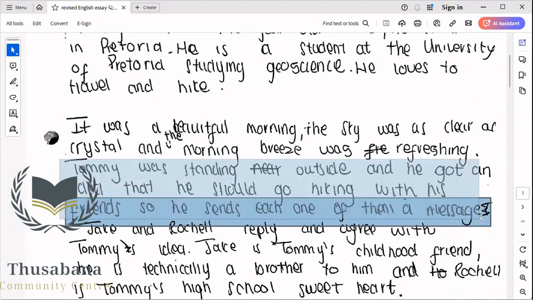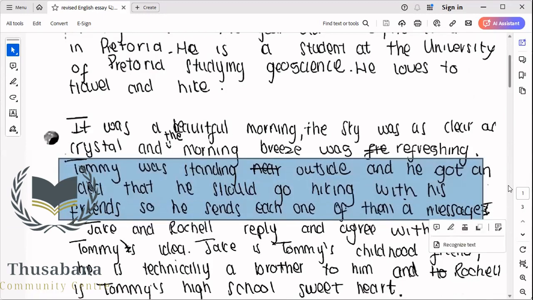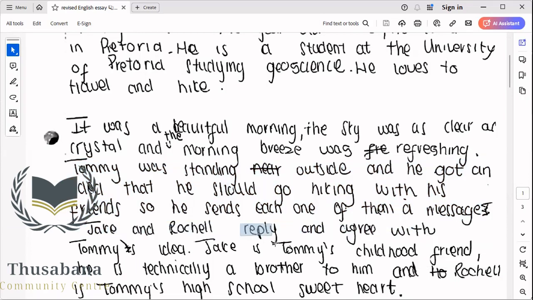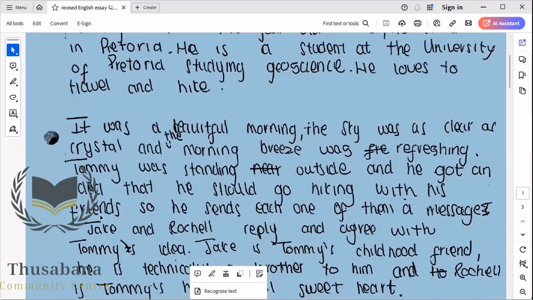Okay. This is supposed to be one sentence, né? "Tommy was standing outside and he got an idea that he should go hiking with his friends. So he sends each one of them a message," and then you don't punctuate. There's no full stop there. "Jake and Rochelle reply," which is another example of a present.